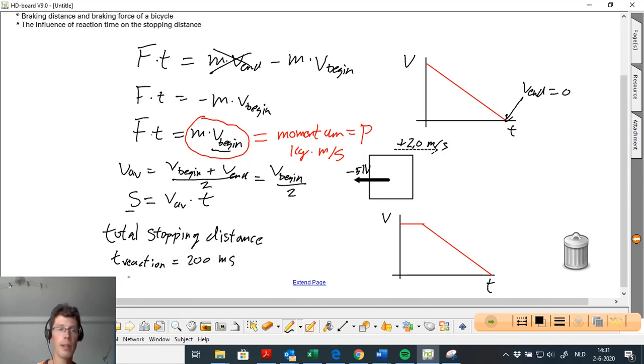And then calculate with S equals V times T the distance covered in that part. So this will give you the distance covered during reaction time, and this is the distance covered during braking, and then the total distance is simply these two added.